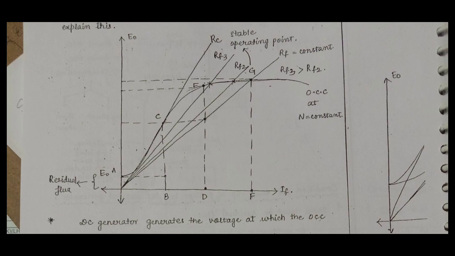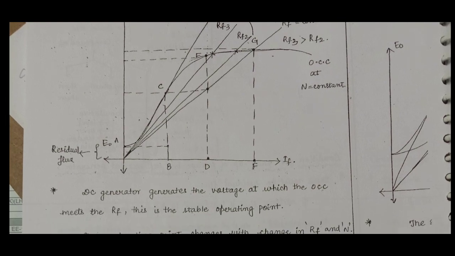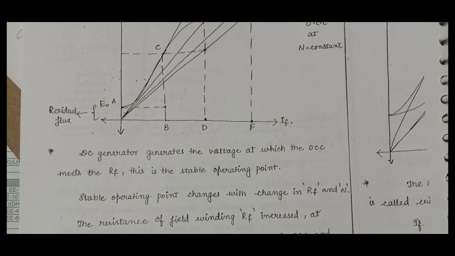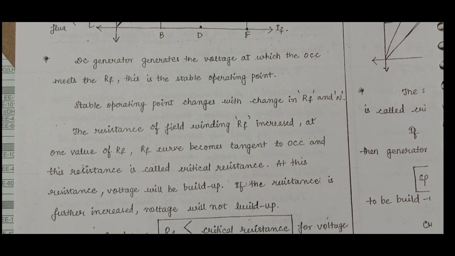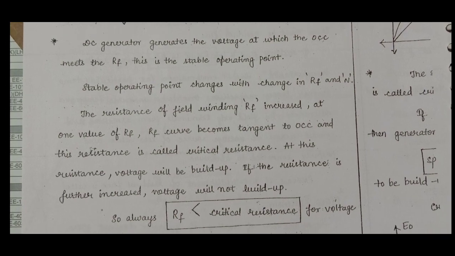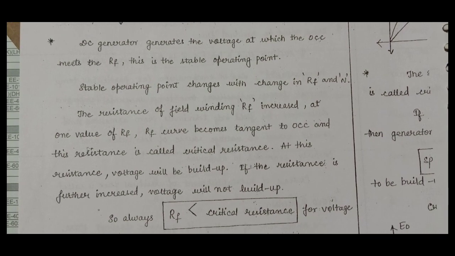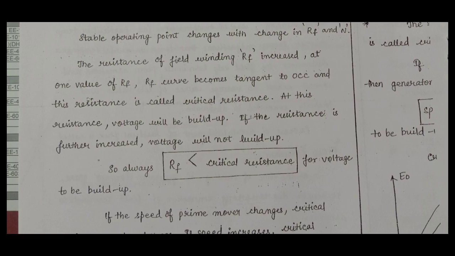RF is the constant field resistance. The stable operating point changes with the change in RF. When the resistance of the field winding RF is increased to one value, the RF line becomes tangent to the OCC, and this resistance is called the critical resistance.